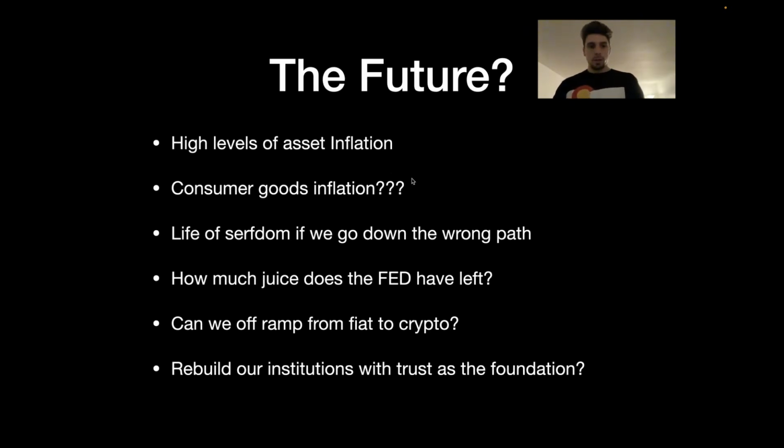Consumer goods inflation, we've been able to avoid that for a long time. And the reason is there are a lot of deflationary pressures that we've had in the global economy to keep that low. You can think about the advancements in technology, especially the digital revolution.